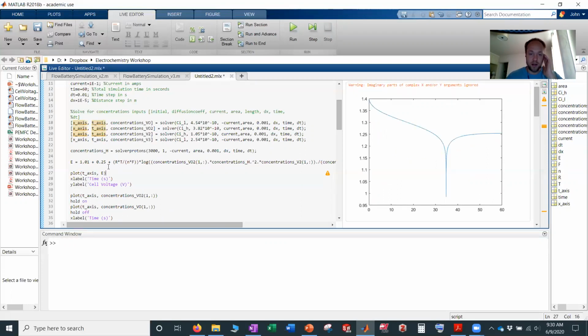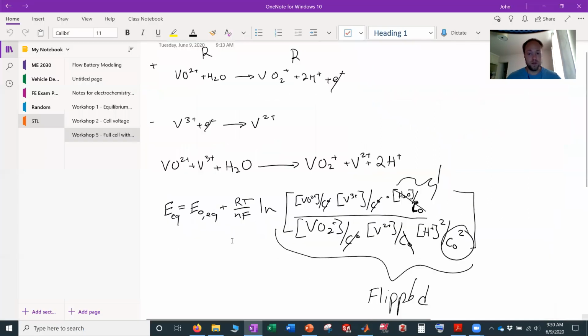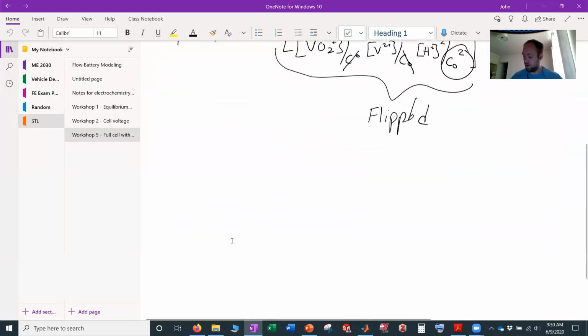Okay, so the first thing we'll want to do is to find the kinetic overpotentials, right? So the way we're going to do that is we know that the current that flows kinetically.